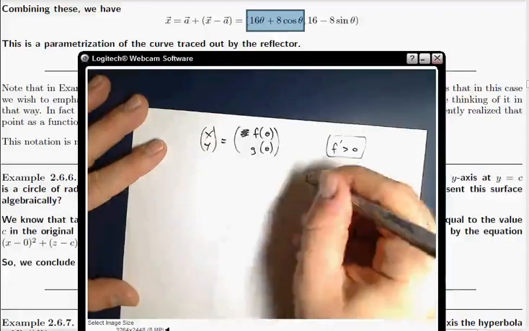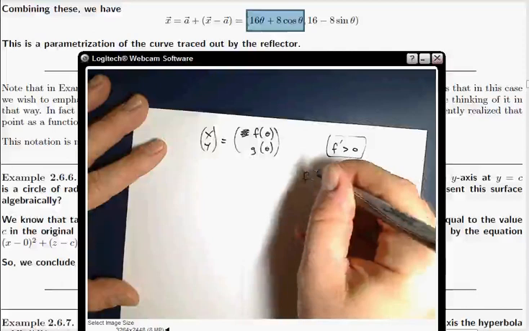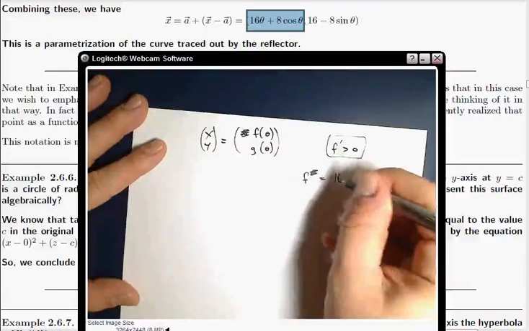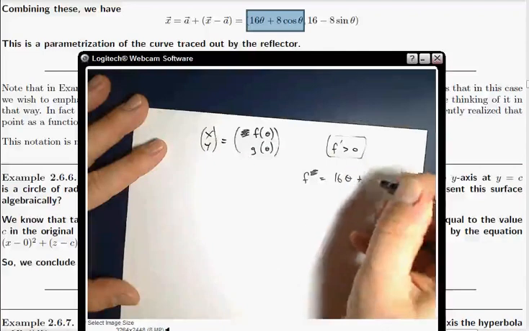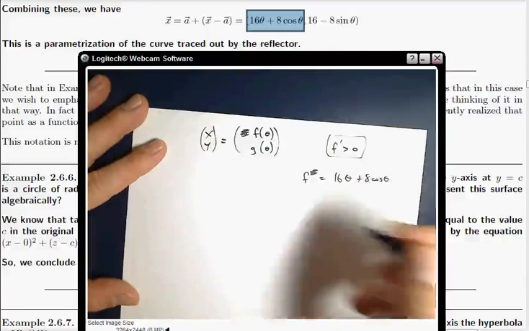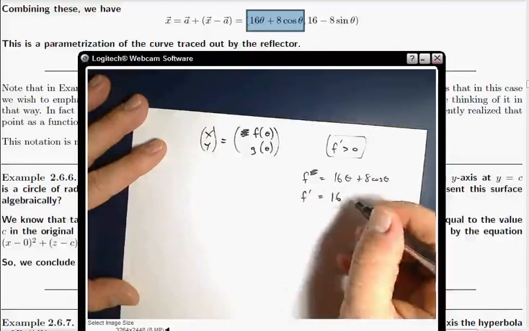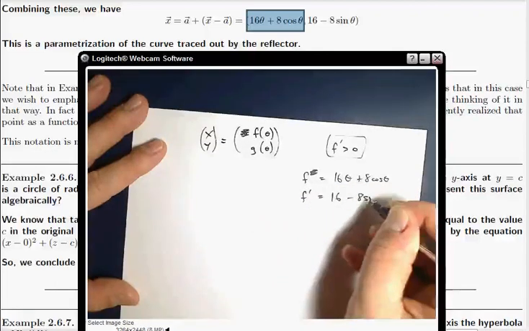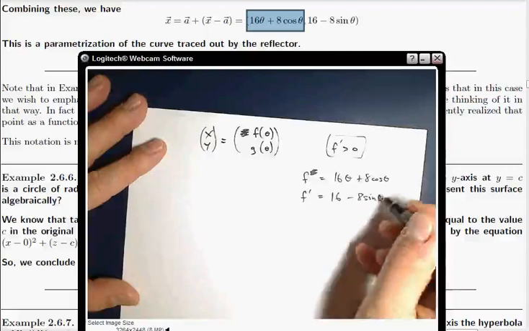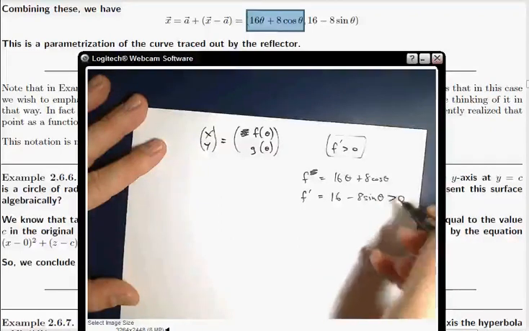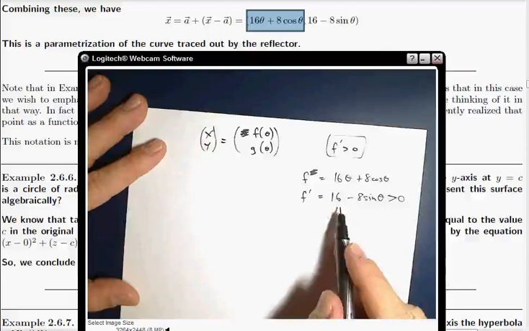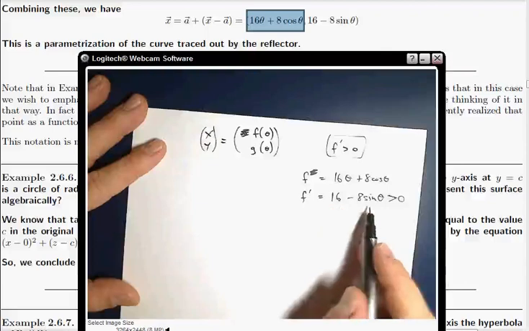Because if I can compute f prime, well, see here, f was 16 theta plus 8 cosine theta. That means that f prime is 16 minus 8 sine theta, and I claim that this is clearly always positive, because 16 minus something no bigger than 8 is positive.